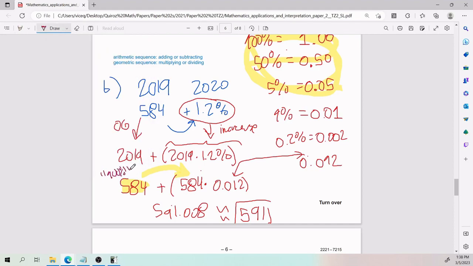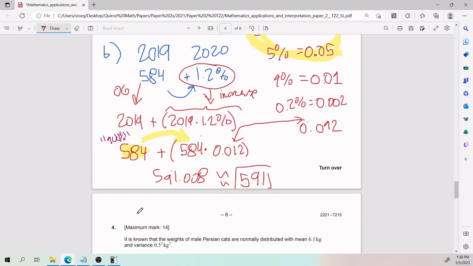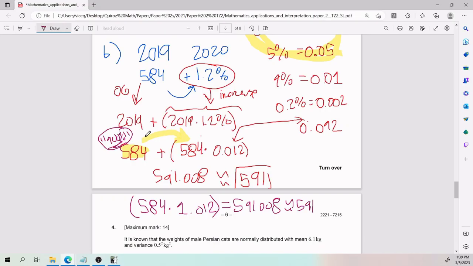So what I could have done is 584 times 100%, ¿cierto? Which is this guy here, 0.012. And this is also going to give you 591.008, practically 591. And so the 100%, you can plug it in immediately, and you end up with this in pink or purple.